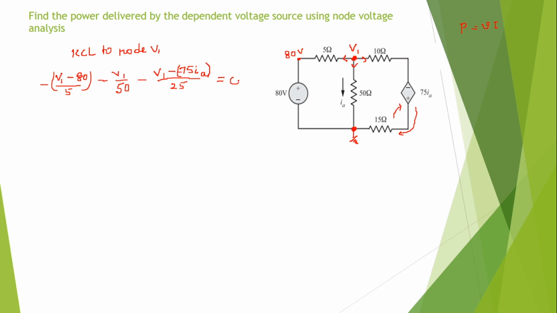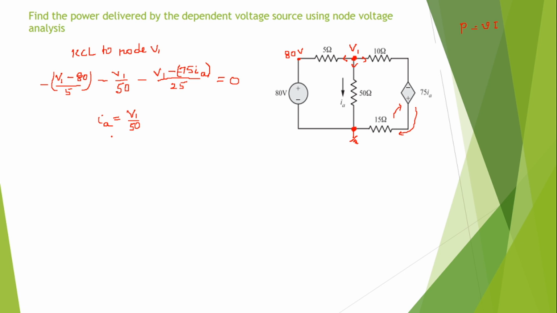Now what is IA? In the problem, IA is given as the current through the 50 ohm, so IA is equal to V1 minus 0 by 50, that is V1 by 50.